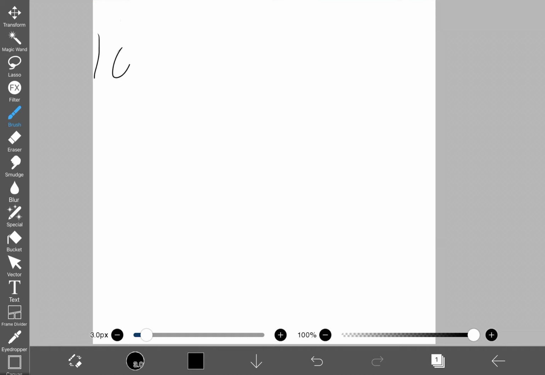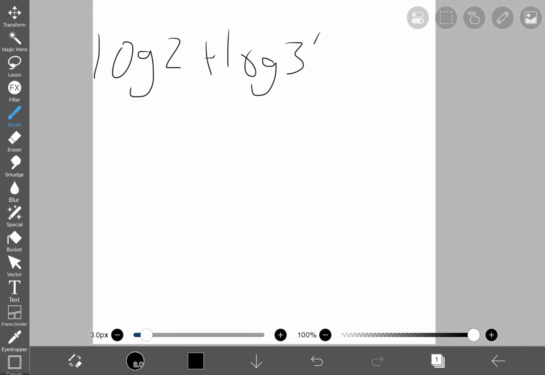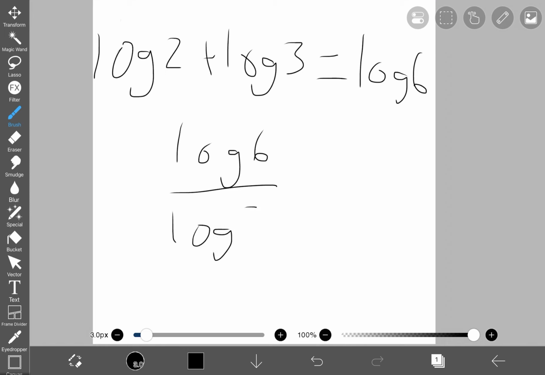So log 2 plus log 3, I apologize, that would be confusing if it was log 36, right? That's actually equal to log 6. So log 6 over log 36 is your answer.